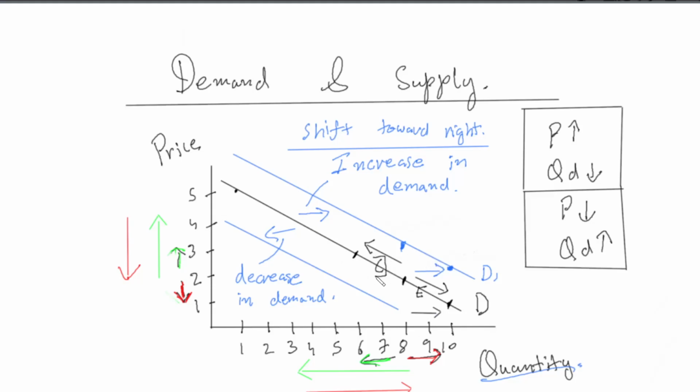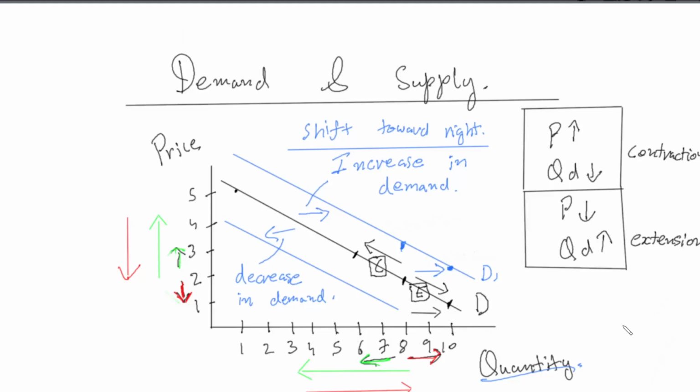If this is a contraction and this is an extension, this is only due to price factor. When we're assuming this relationship, this is also called your law of demand. The price going up, the quantity demanded decreasing, this is called contraction. And this here is extension.